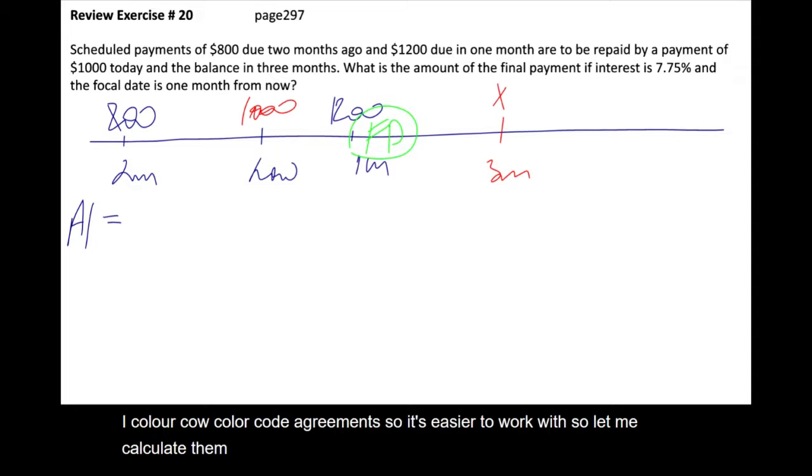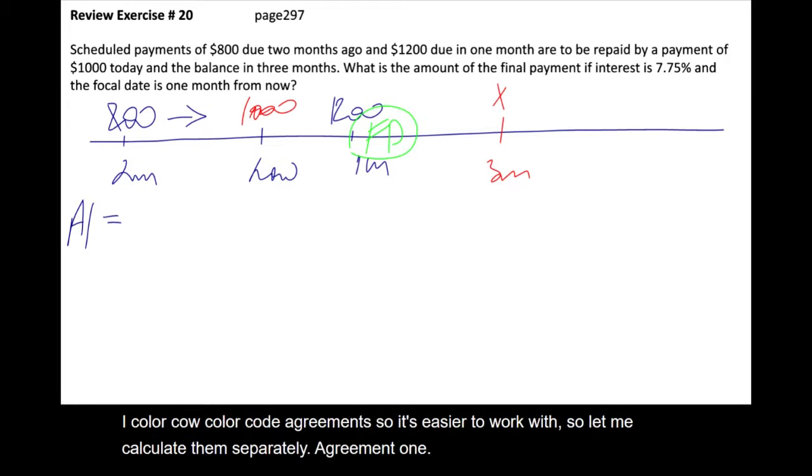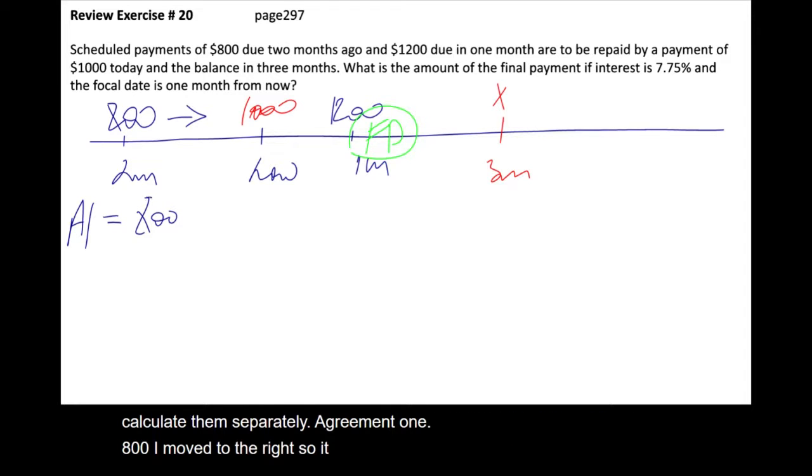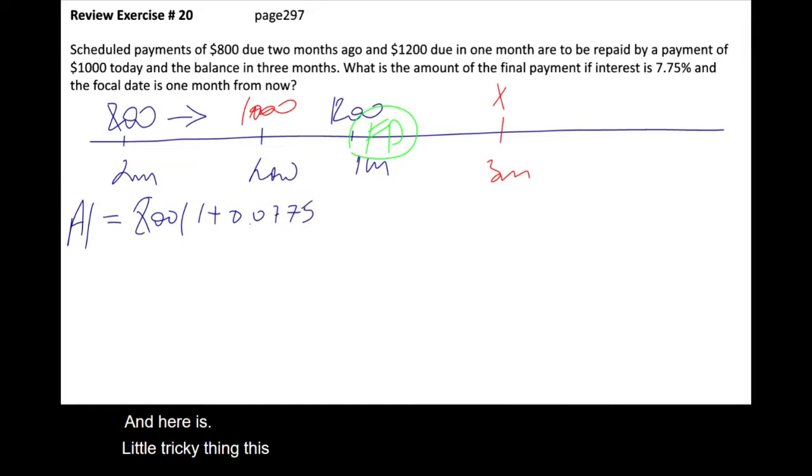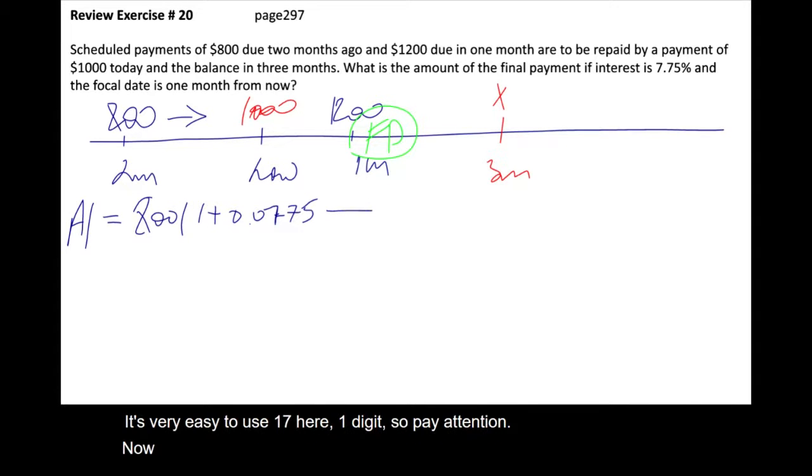Agreement 1, 800. I move to the right, so it is the future value formula. Okay, and here is a little tricky thing. This 7.75%. It's very easy to use 1.7 here, 1 digit. So pay attention. Now, please somebody help me. How many months should I use to calculate future 800 in the focal date?